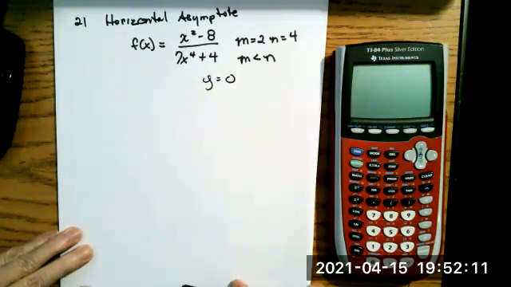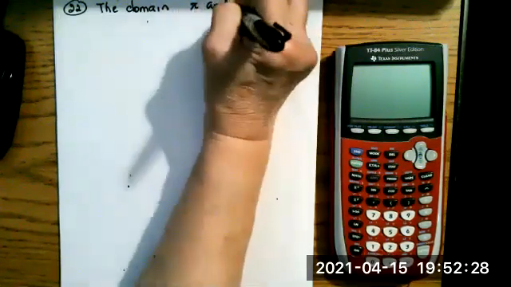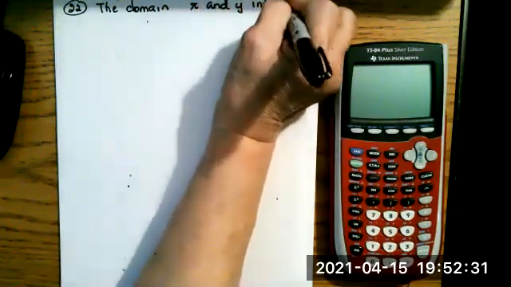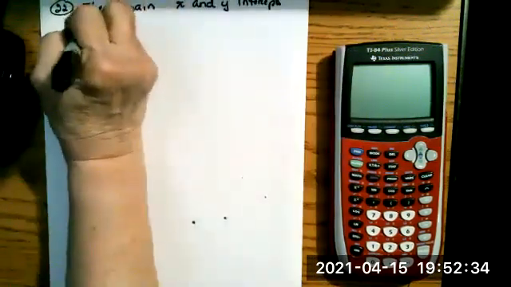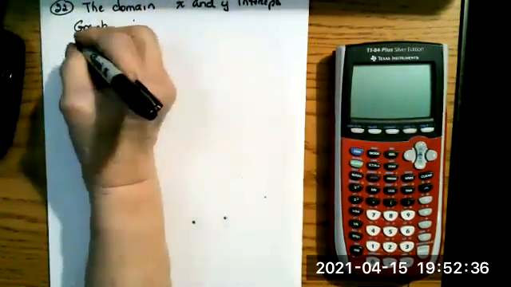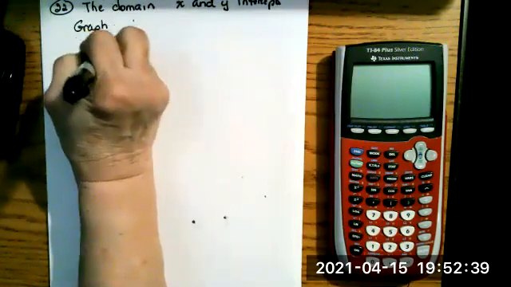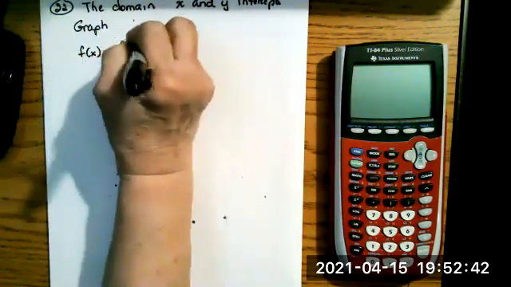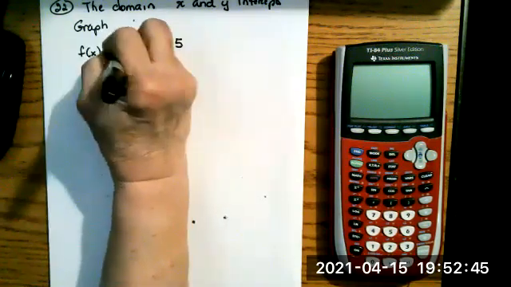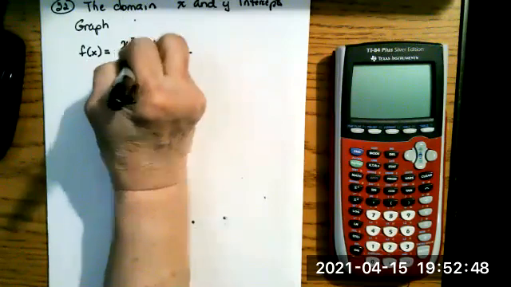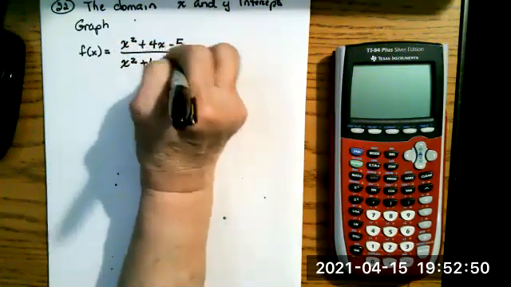Okay. The next one is a pretty long problem. It's going to ask you for the domain, the x and y intercepts, and graph. So they give us f of x equals x squared plus 4x minus 5 over x squared plus 6x plus 5.